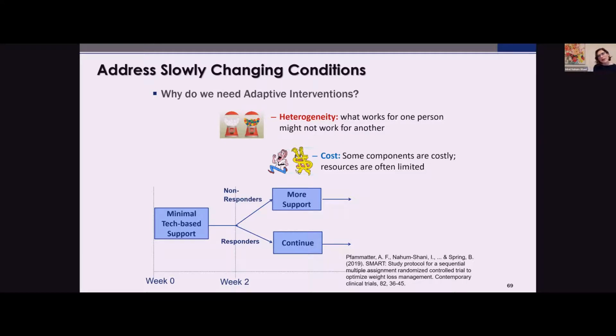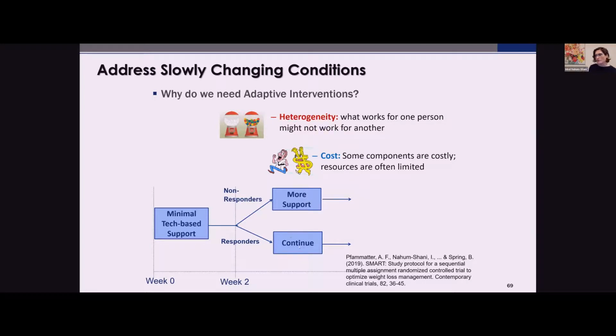And this is why it makes sense to adopt what is called a stepped care approach to treatment. So I don't know if you've heard the term stepped care interventions, but stepped care interventions are simply adaptive interventions that start with minimal support with the least expensive or intense intervention component, and then identify people who are not doing so well on minimal support and provide more costly and intense components, but only to those who need it most.